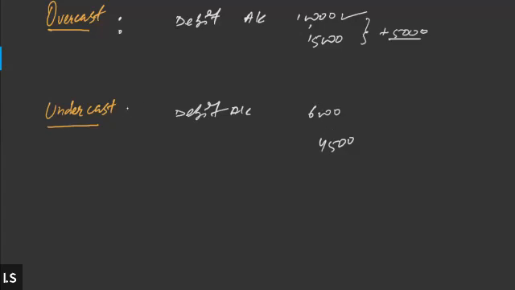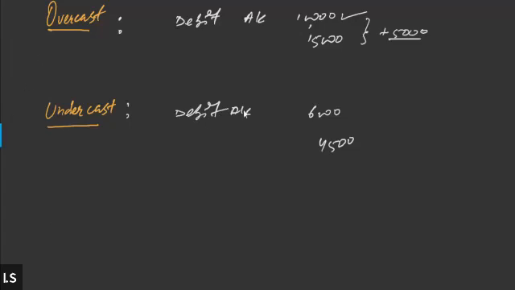This is called undercast. So whenever you record an amount in excess of what should have been recorded, that is called overcast. And when an amount is recorded in deficit, whenever you record less than what should have been recorded, that is called undercast. Is that clear to you?